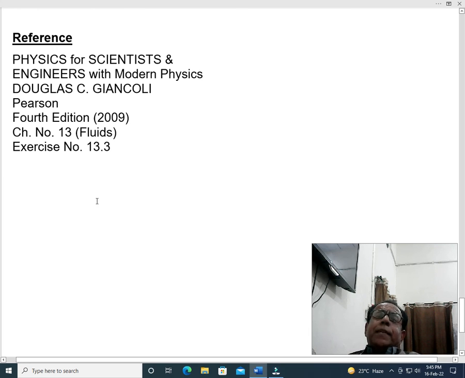Its publisher is Pearson, and its 4th edition 2009 has been followed or adopted, while its chapter number 13 under title Fluids is our relevant chapter, and this problem is enumerated at serial number 3 of the exercise of this chapter, that is exercise number 13.3. And this is the end of our module, our problem.